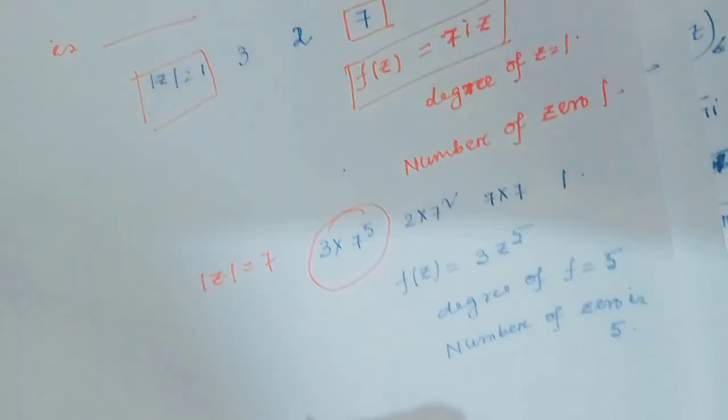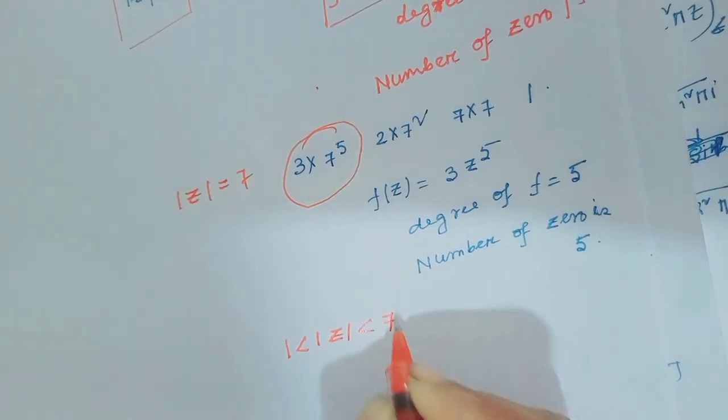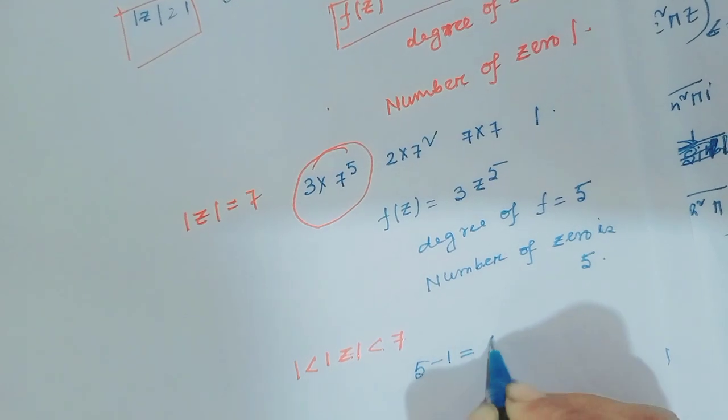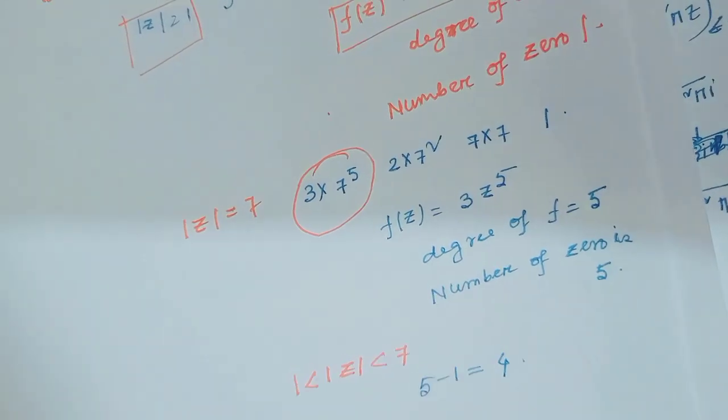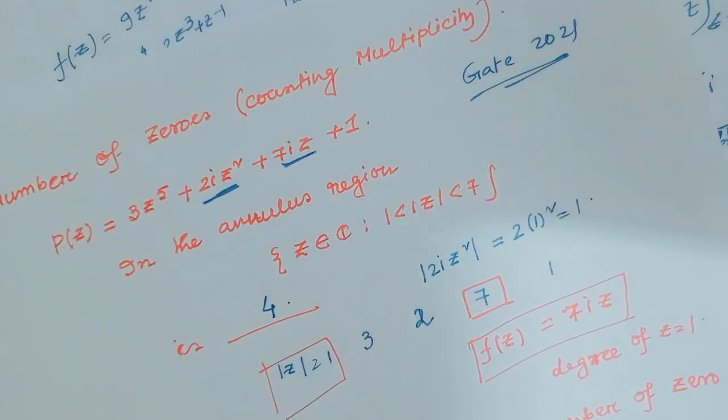Number of zeros in the annulus 1 less than mod z less than 7 is 5 minus 1, this value is 4. That means this answer would be 4.